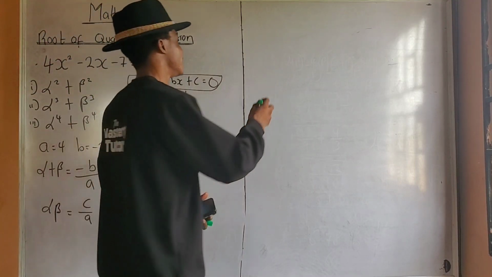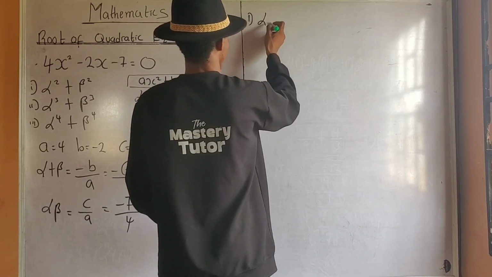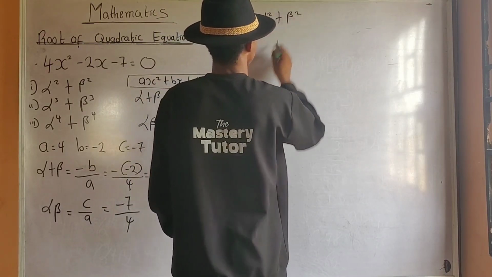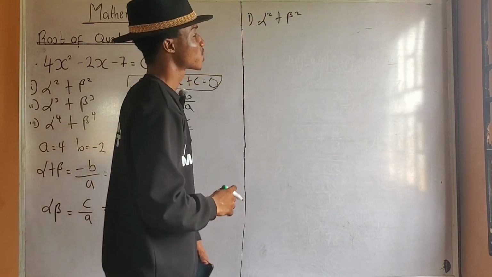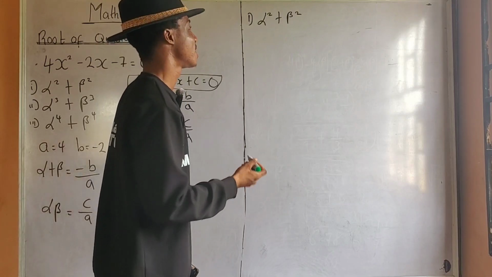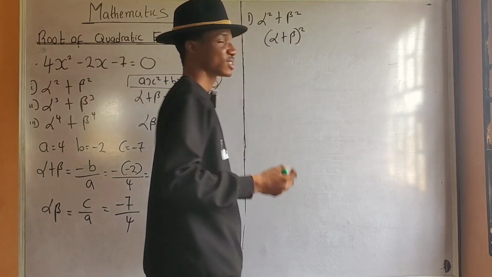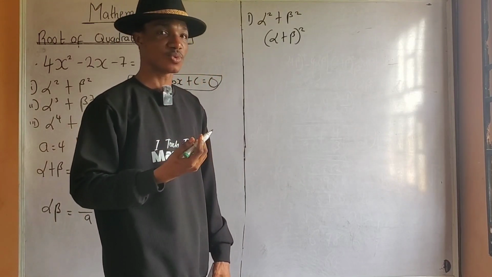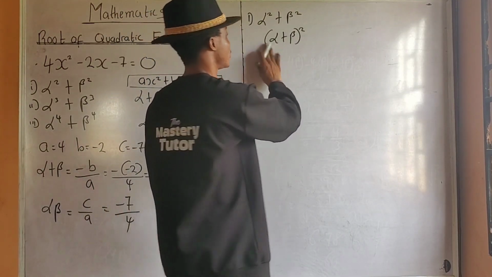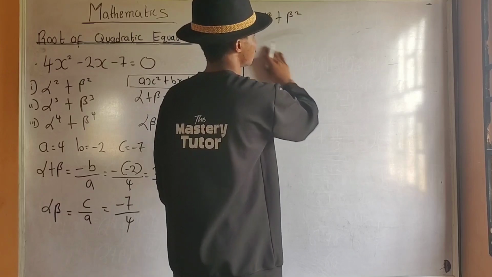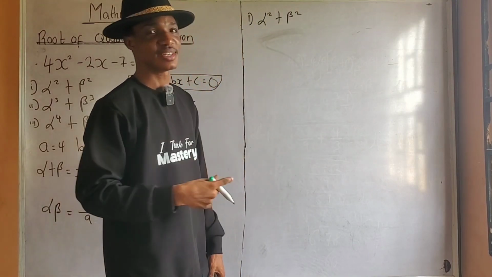Okay, now, having established this, we can proceed to calculate what we are asked to find. The first is alpha squared plus beta squared. Alpha squared plus beta squared can be gotten from alpha plus beta squared, just like what we did in the previous example. In fact, there is no need to show this. If you want to learn how to prove this, just click on the link in the description of this video.